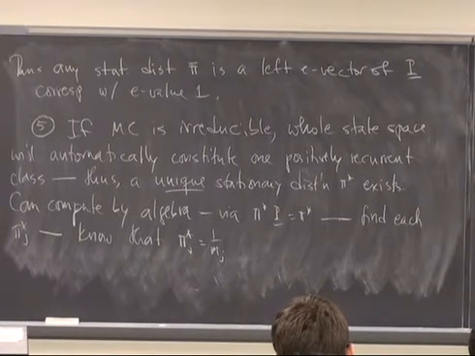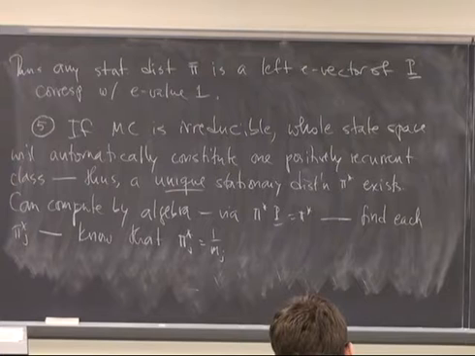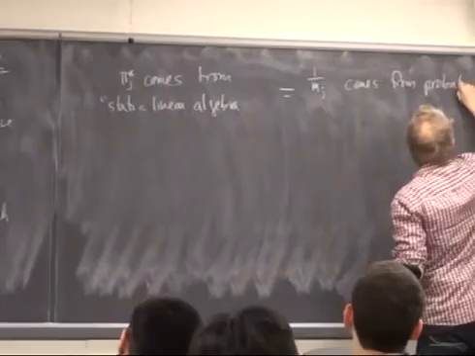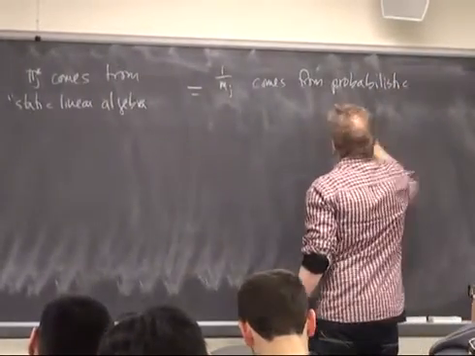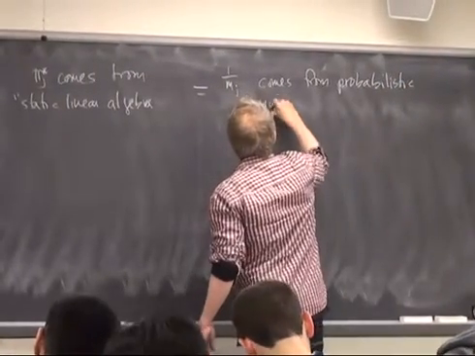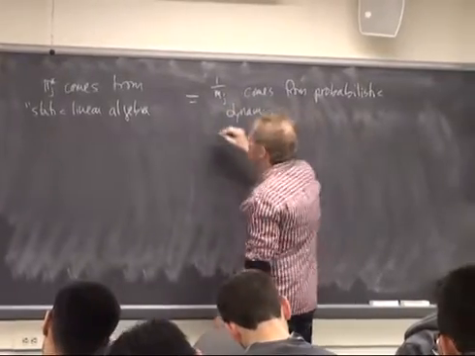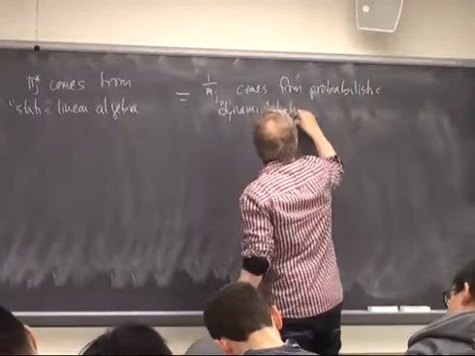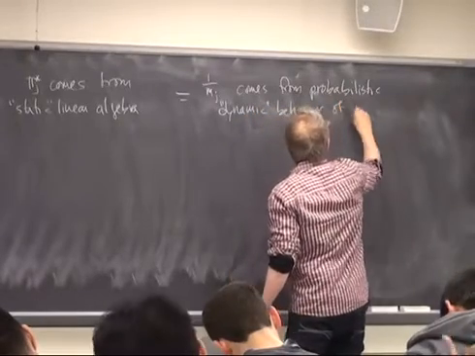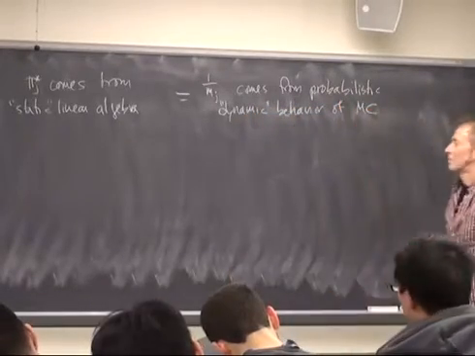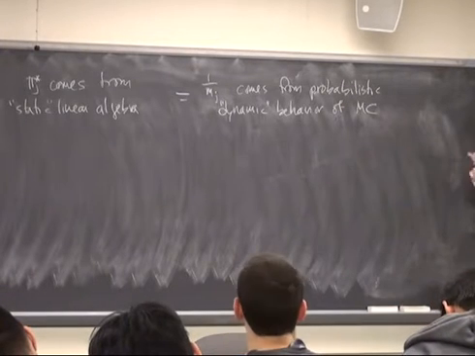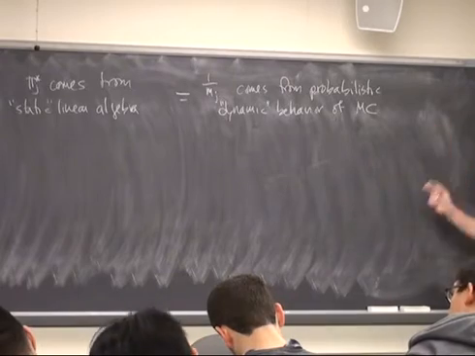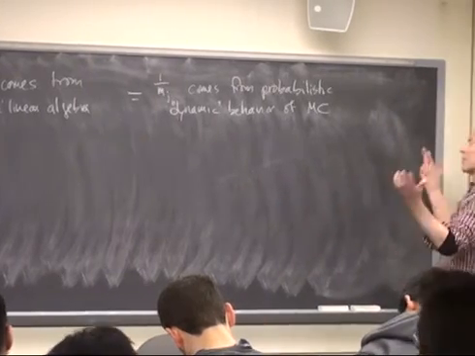And it's equal to 1 over mj, which comes from probabilistic dynamic behavior of the Markov chain, at least in terms of computations. And I think that's kind of cool. You know, you have this static thing going on, and you have this dynamic thing going on, and they're equal.